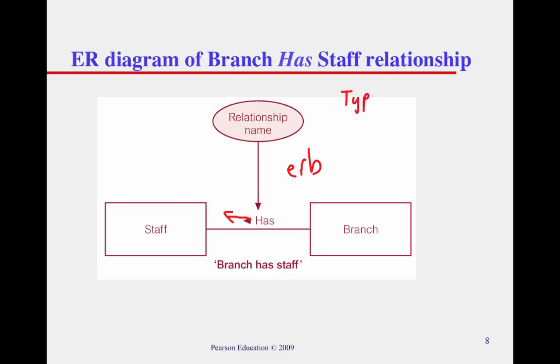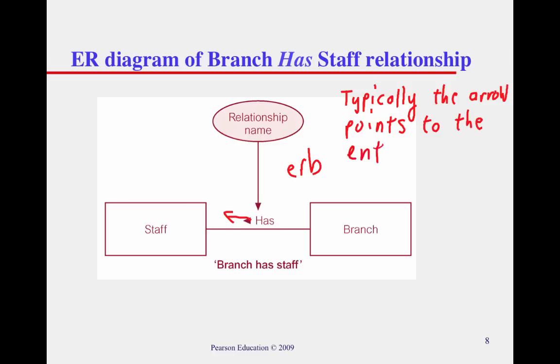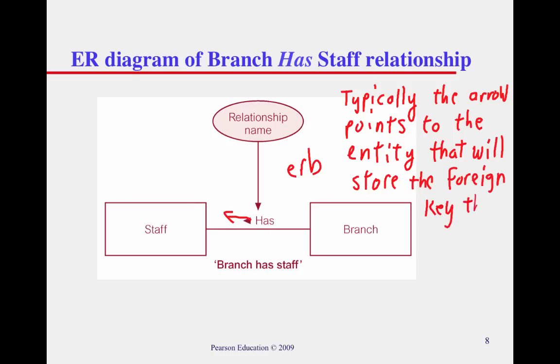So typically, the arrow points to the entity that will store the foreign key that represents the relationship.